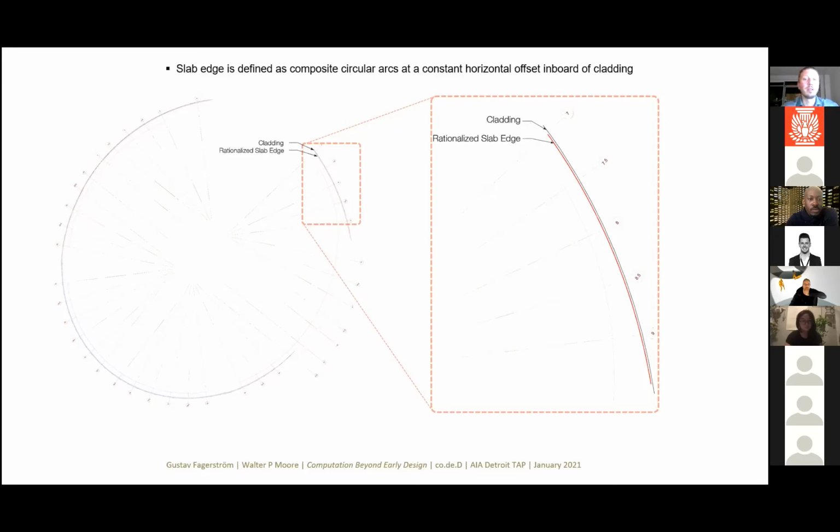And then actually, and this may or may not have been overkill, but it was sure fun, the rationalized so-called slab edge, according to my level 2 definition, is a composite arc shape where the individual arc radii and their tangencies are actually produced using a genetic algorithm.